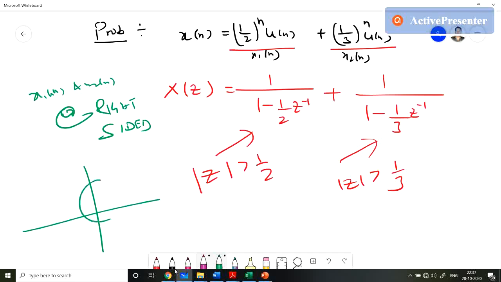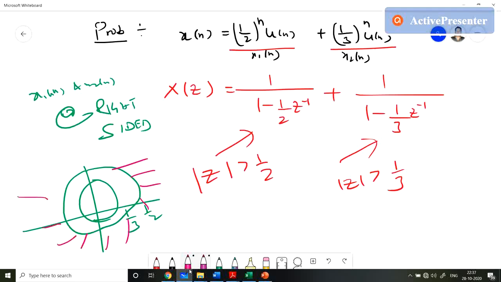So the ROC is exterior to the outermost pole. Our poles are at z equal to 1/2 and z equal to 1/3. First pole is 1/2 and second pole is 1/3.